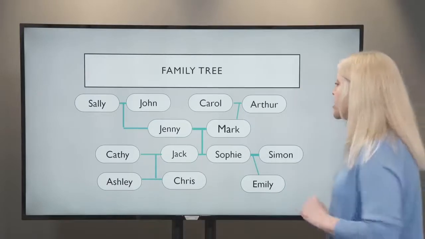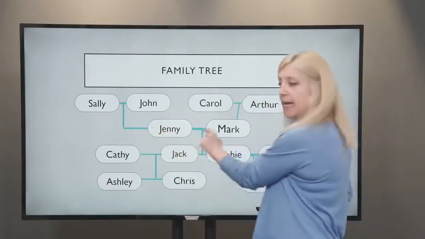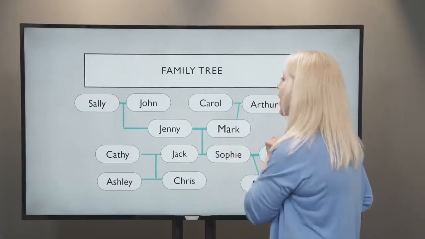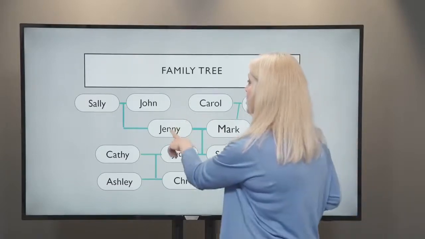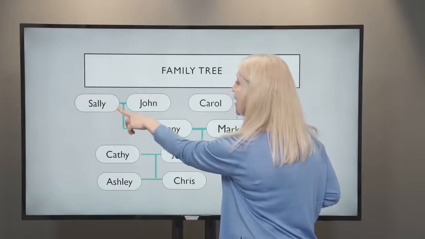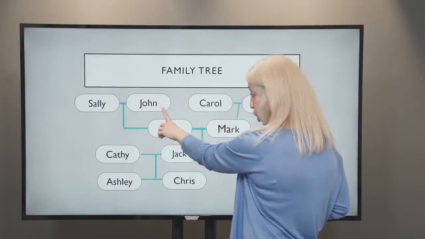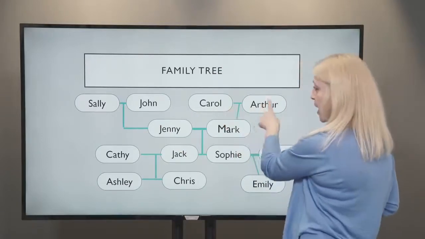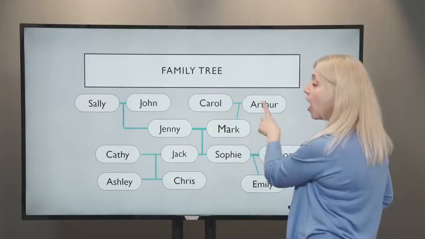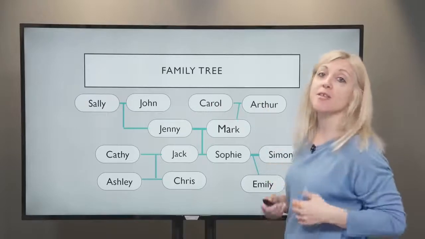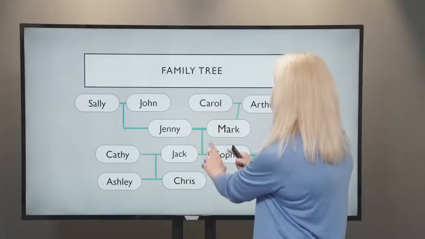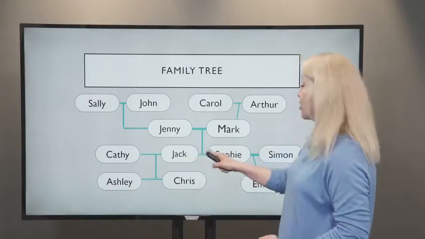So imagine that I am Jenny here. I've chosen names for you. My mother is Sally. My father is John. And I am married to Mark. These are Mark's parents, Carol and Arthur, who are my parents-in-law. Then Jenny and Mark have children, Jack and Sophie.